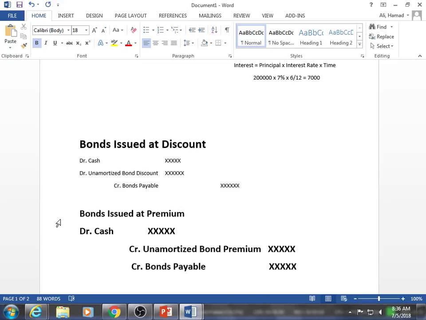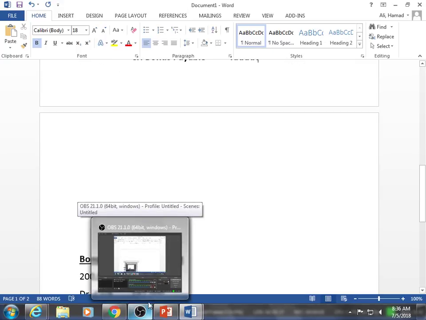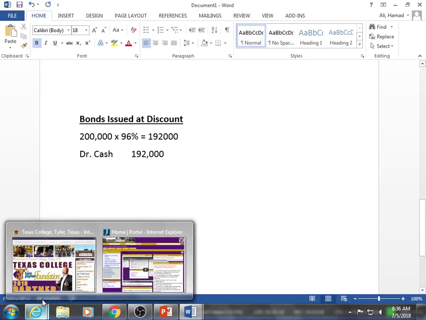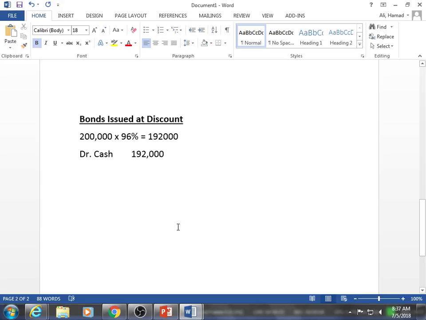So we multiply the 96% by 200,000, and we come up with 192,000. So we're going to debit cash for 192,000, and we're going to credit bonds payable for how much? 200,000.